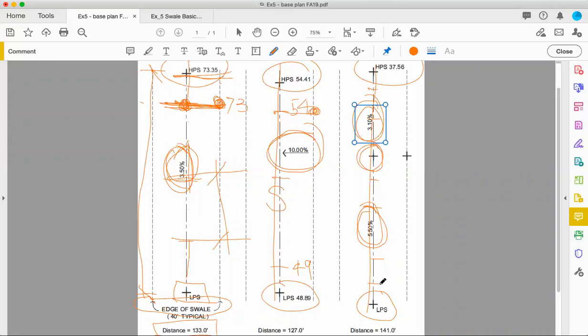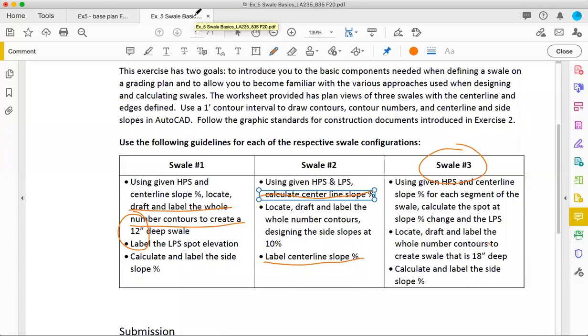Essentially, you are calculating 2 swells. Very similar to swell number 1, very similar to this one, and very similar to examples A and C in our lectures. Okay? Once you have calculated the center line, you know the depth of the swell is 1.5 foot. And then you calculate the edge and connect the dots.